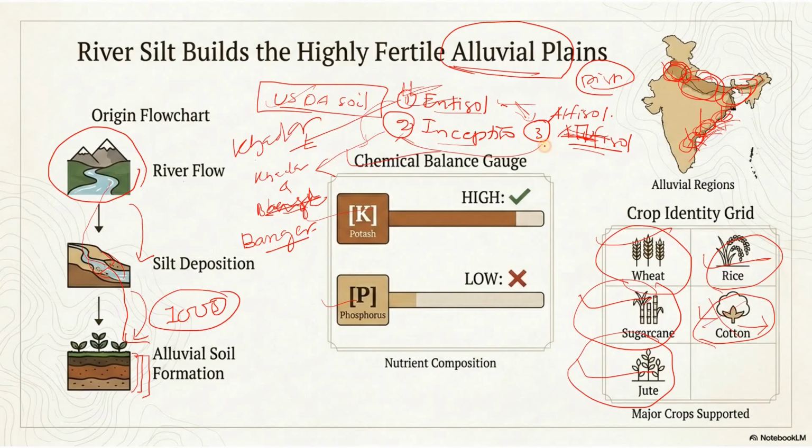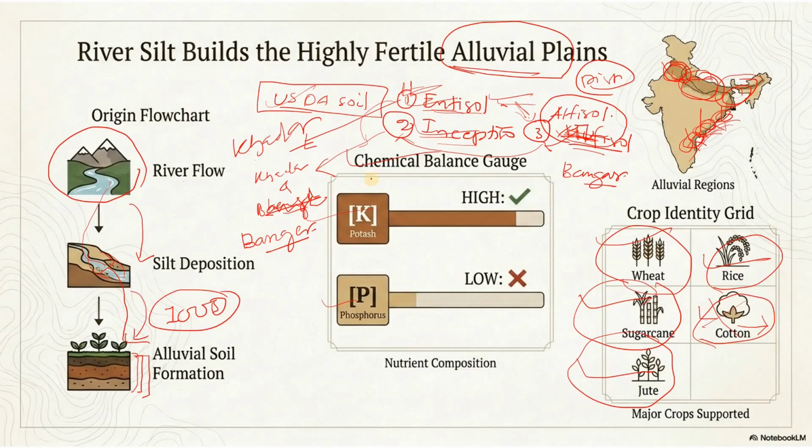Now we have the Alfisol. So what are Alfisols? Alfisols are particularly the bhangar kind of soil, where time has passed sufficiently for clay formation from an ochric surface horizon with a high base saturation. These are the most fertile, more than the Entisols and Inceptisols.